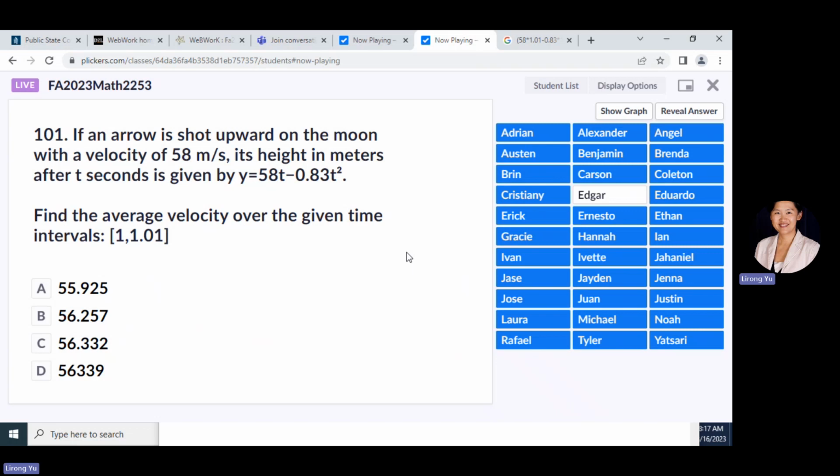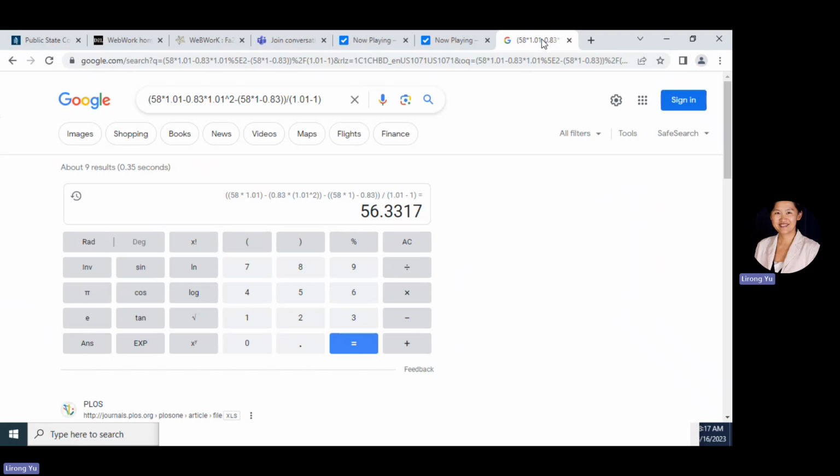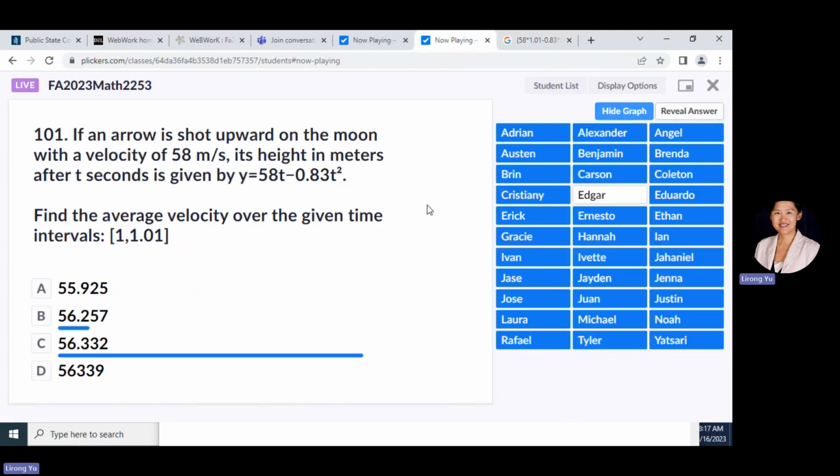Yeah, so as you can see, I did show it, the number is already there, 56.33. So the answer should be, so you're on the same page. Did you have the wrong one earlier?